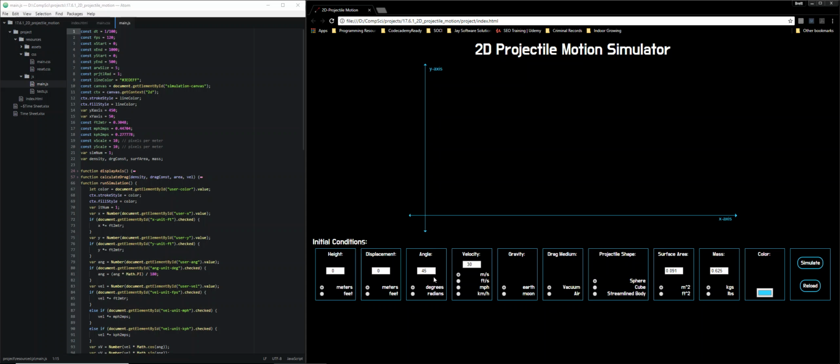And then another cool thing that could relatively easily be added would be a find furthest angle. So what that would do is it would determine which angle is going to give you the greatest distance, and it would only show that trajectory. And when you have a height of 0, your furthest distance is always going to be 45 degrees.